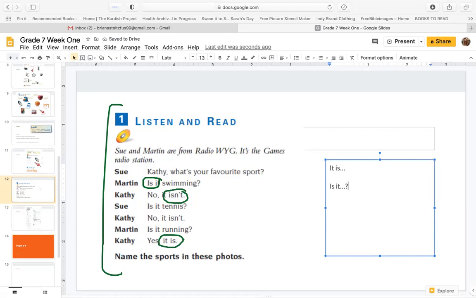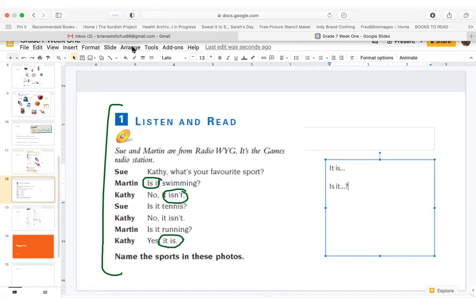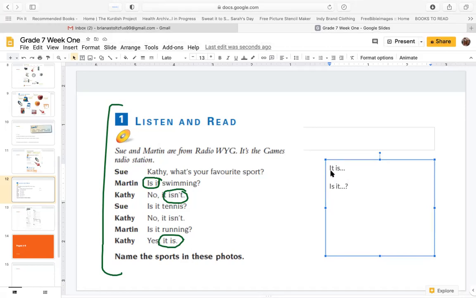Is it blue? Now, I know if you're Kurdish, you know when you ask a question, you don't change the words in Kurdish, but in English, if we are asking a question instead of just making a sentence, then our words do change. So, for example, I could say, it is Thursday. But if I'm asking a question, I say, is it Thursday?